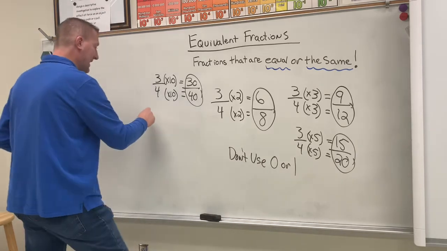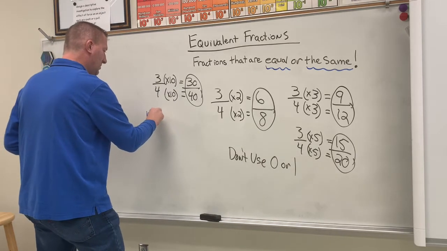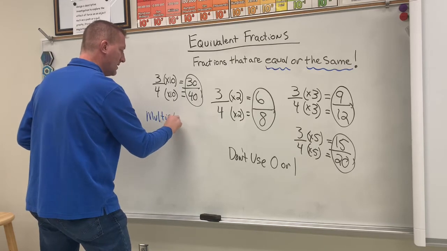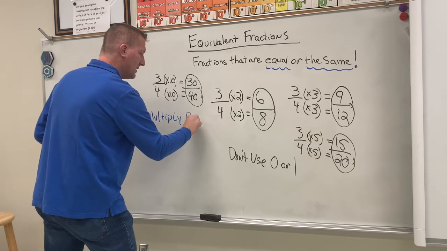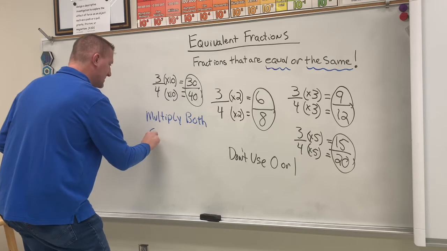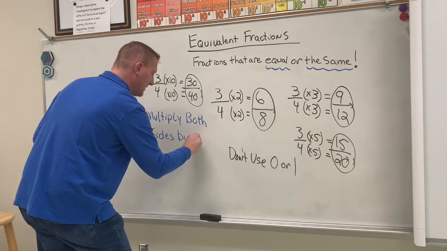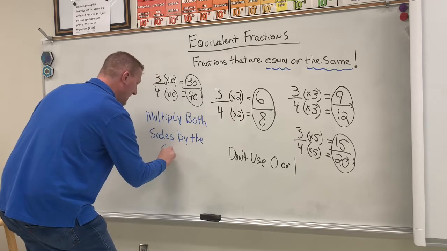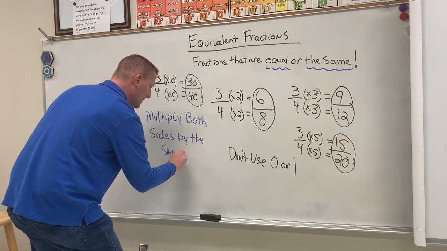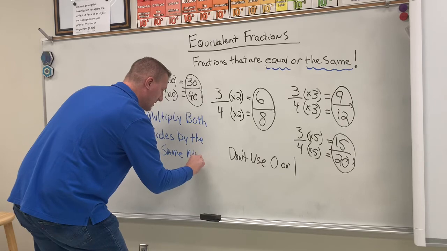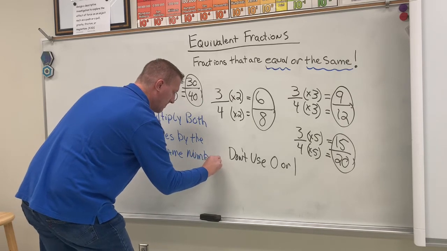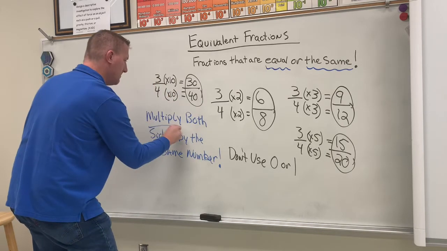Okay, so that's how easy it is to find equivalent fractions. As long as you multiply both sides by the same number. Okay?